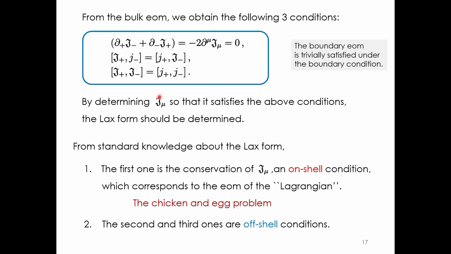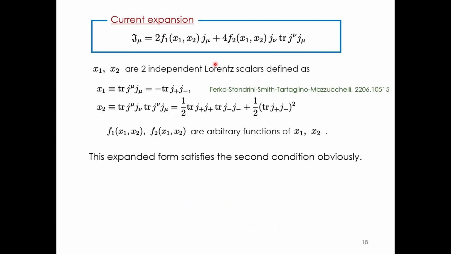Okay, so now we have an arbitrary function J mu. We would like to expand this J mu in terms of x1 and x2 I introduced yesterday. These x1 and x2 are two independent Lorentz scalars and functionally independent. These two quantities were introduced by Felco et al. in these papers.